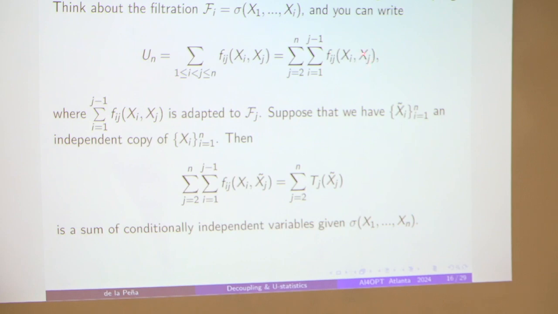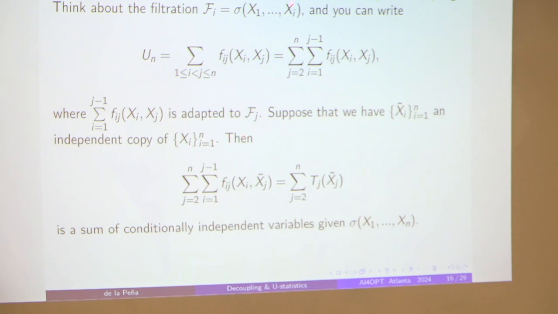Then the decoupled version of this is going to be the sum of f_ij(xi, xj tilde). You replace xj here by xj tilde. So this is what I used to call d sub i, d sub j, and this is e sub j, y sub j, I'm sorry, y sub j, okay?